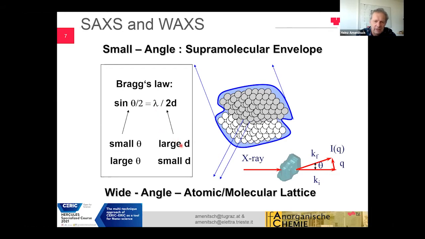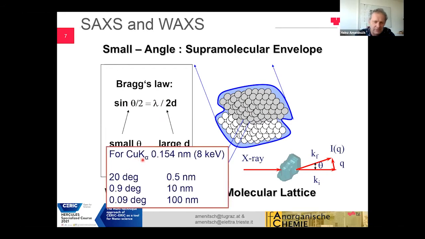At large distances d, you measure small angles, so to measure these large distances, you use small-angle X-ray scattering. And if you want to look at the atomic molecular lattice, you need to probe small distances. That means you need a wide-angle scattering signal. So this is the simple approach behind it.